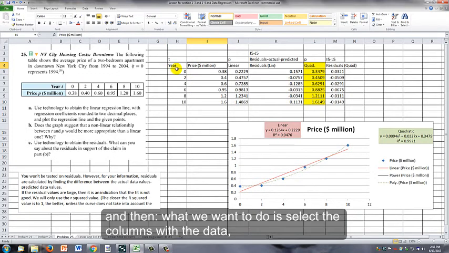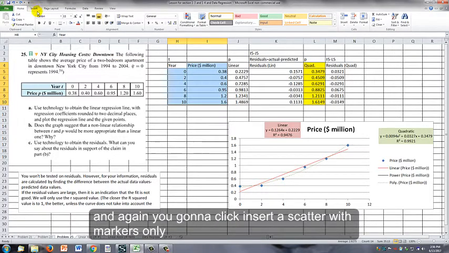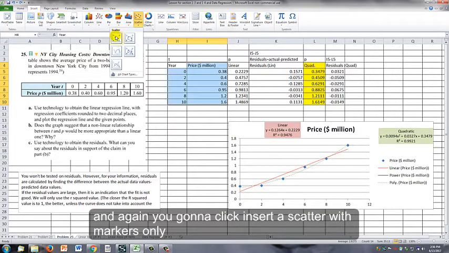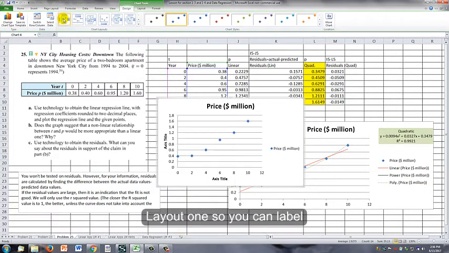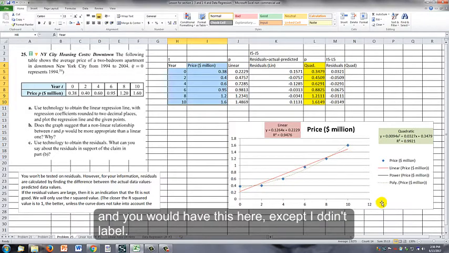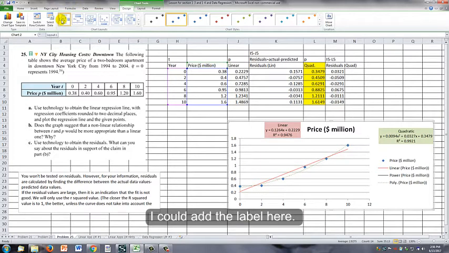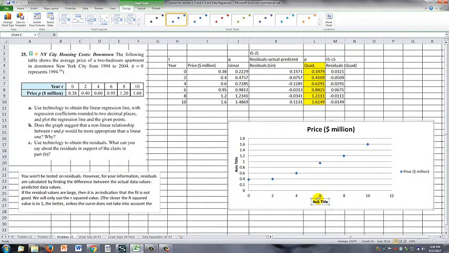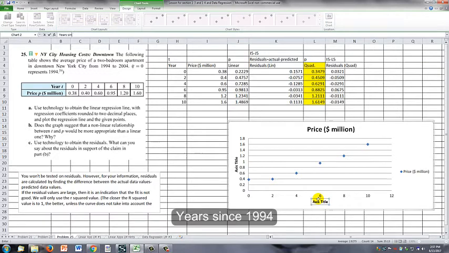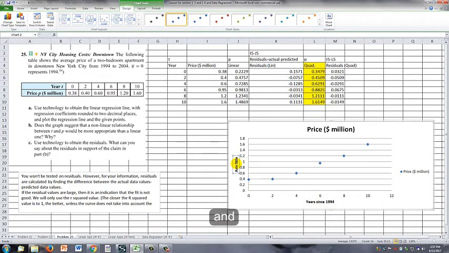And then what we want to do is select the columns with the data, and again you're going to click insert scatter with markers only, layout 1 so you can label. And you would have this here, except I didn't label. I could add the label here: years since 1994 and price in millions.